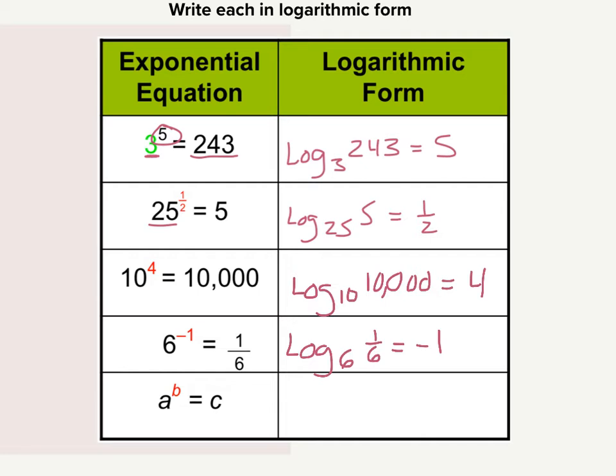And then our last one, we write the word log, because log form always starts with the word log. Then our base goes into the basement. Then we write our answer, which is C, and then equals the exponent, B. Any questions on changing it from exponential form to log form?